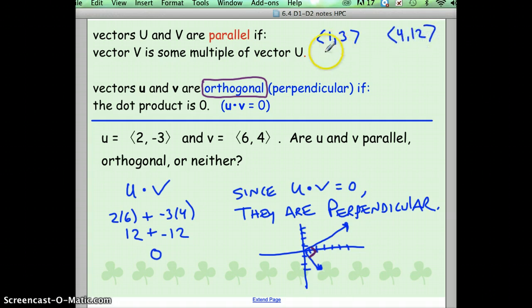Do you see how if you multiplied this vector by 4, you would get this vector? 4 times this vector, 1, 3, makes 4, 12. One vector is a multiple of the other vector. That would mean they're parallel.